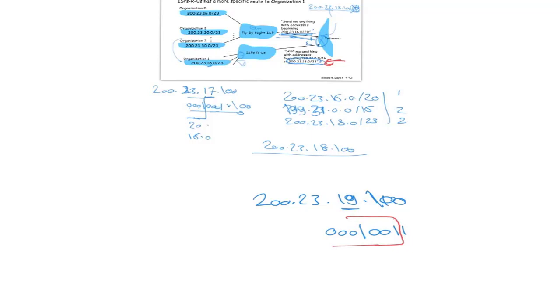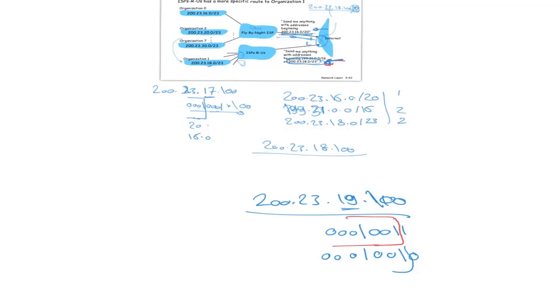It will match, right? Let's see. But the slash will be different. 0 1 and then 18 is a plus 2, right? So it matches. Okay. So in that case, this address will match here, right? Yeah. And will match here. Right.